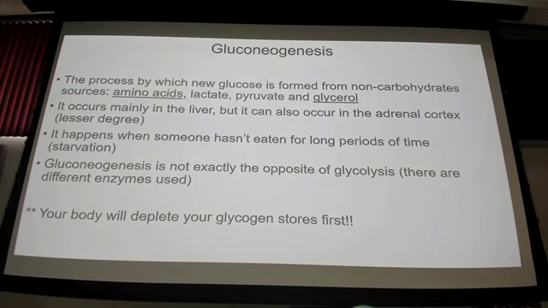This reaction occurs primarily in the liver, and it happens when all of the glycogen stores are depleted, so your body needs a new source of glucose in order to obtain energy, and it will use gluconeogenesis.